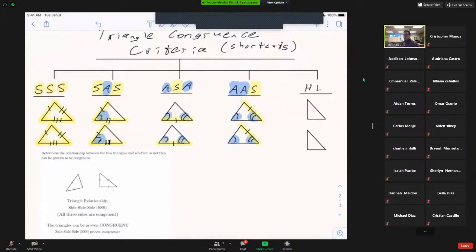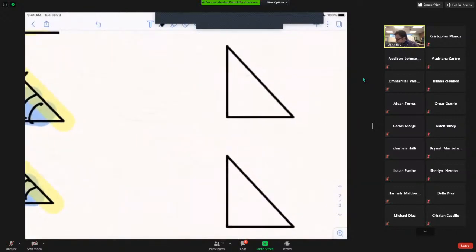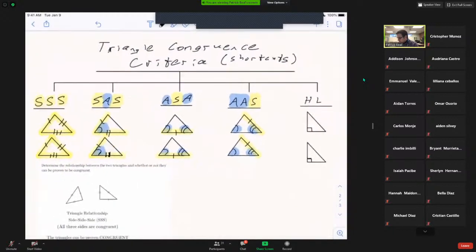So if you have 2 triangles, they have to have that 90-degree angle. So that's automatic. You have to have the 90-degree angle. What do you think H and L stand for? What are some words in right triangles? What do we call some of these sides?